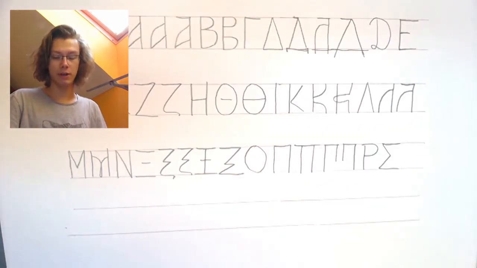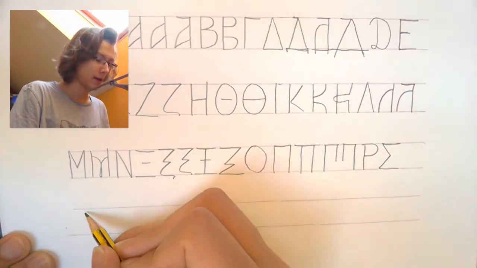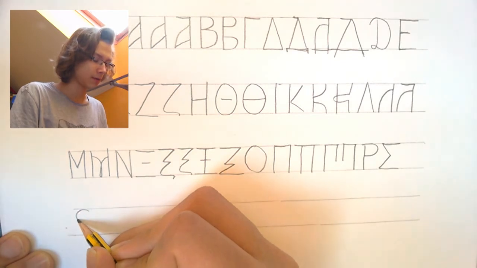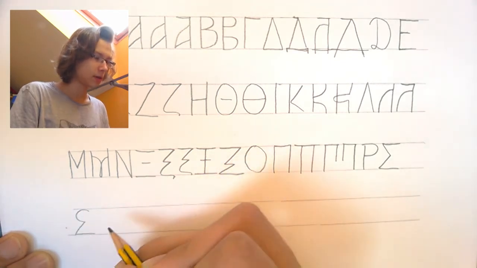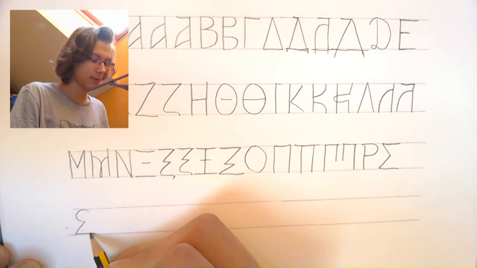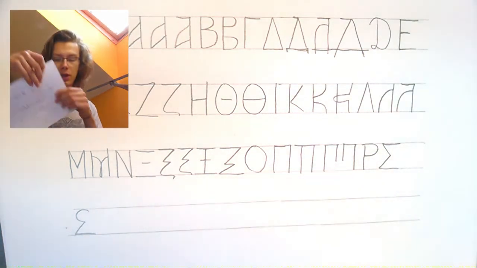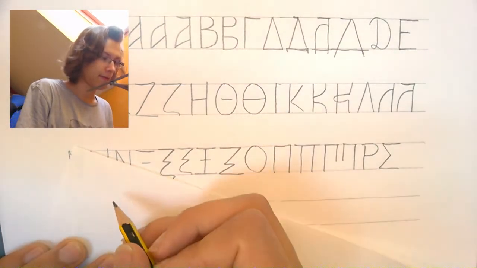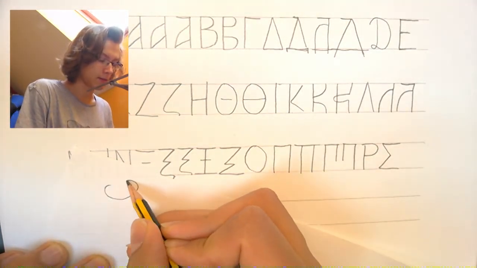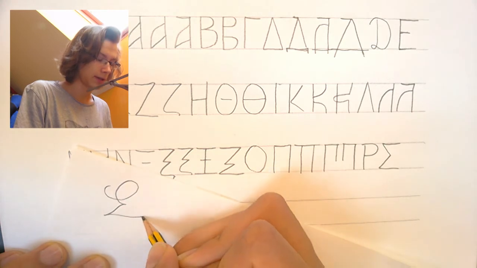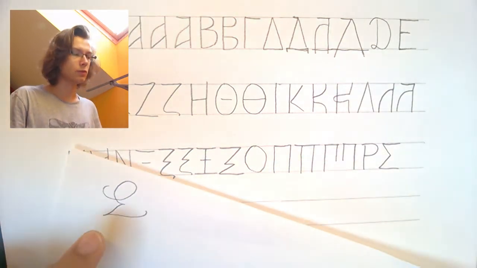So another version I found for sigma has the upper part rounded, so that it would match better with calligraphy. So, for example, you can find something like that in calligraphy, and this would be sigma.